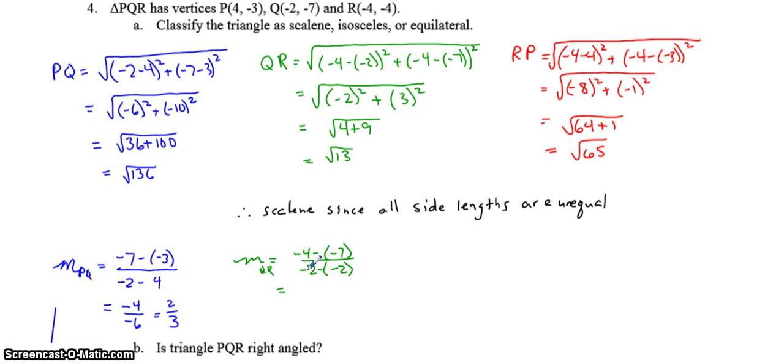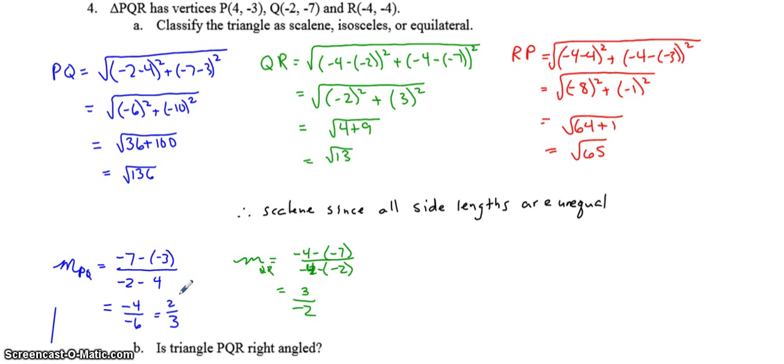Oops, that was a -4. So that becomes 3 over -2.